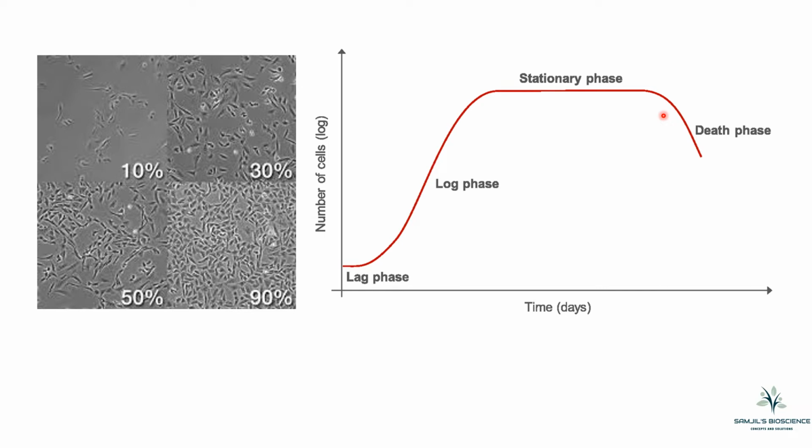That means the cells do not proliferate any further and they stop. If you don't change the media, then the cells would no longer be viable, and they would start dying, and that is called the death phase.